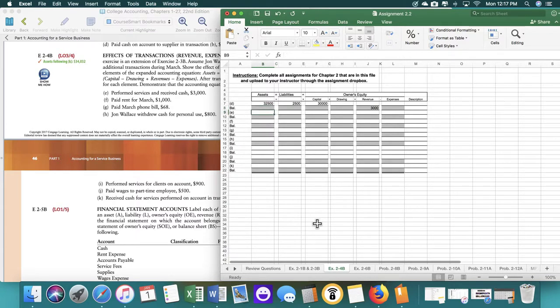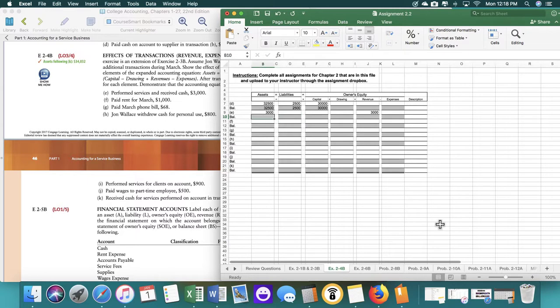Sorry about that, I entered it in the wrong column. So 32,500. Okay, so we have $3,000 in an increase in cash and $3,000 as an increase in revenue.